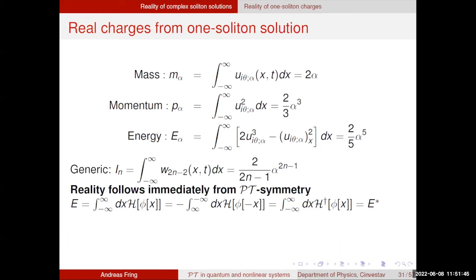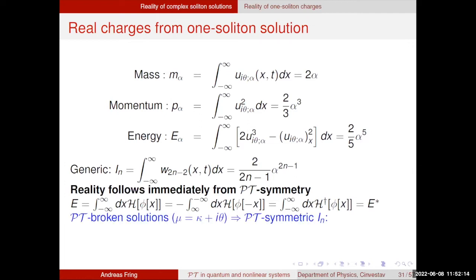Now, the key question here is, as in the quantum mechanical scenario, why are energies real? That's the first question, because we want real energies. And indeed, they are, and this is a simple argument here. If I have this property on the Hamiltonian, then the energies can be guaranteed to be real. In this case as well, they are defined as this integral.